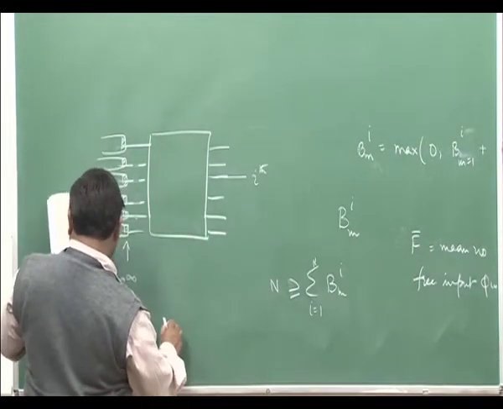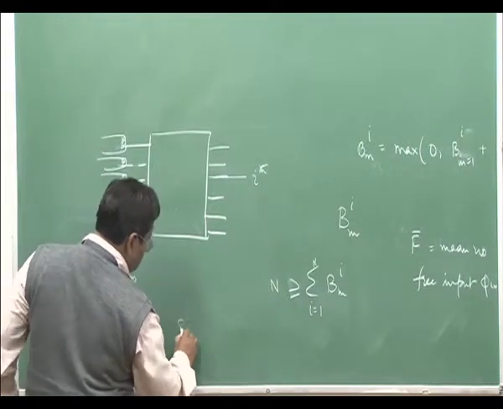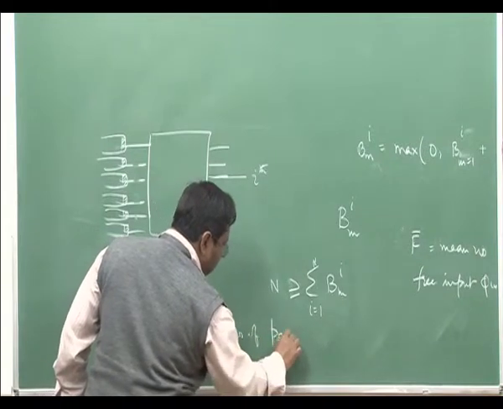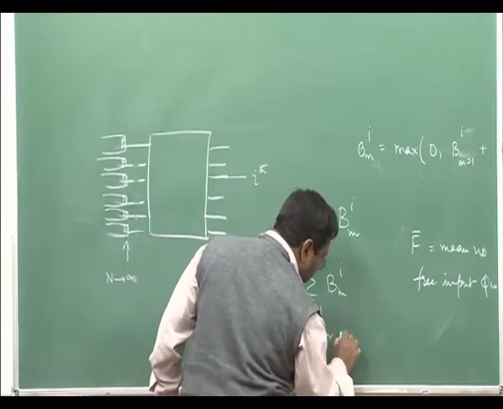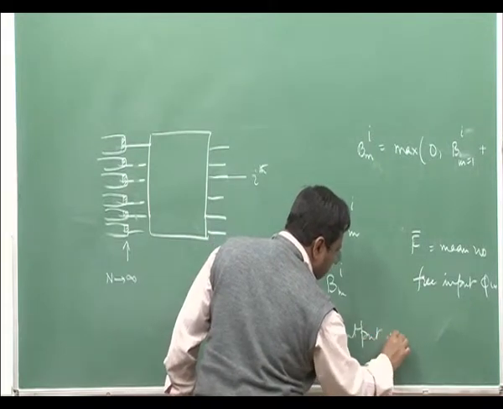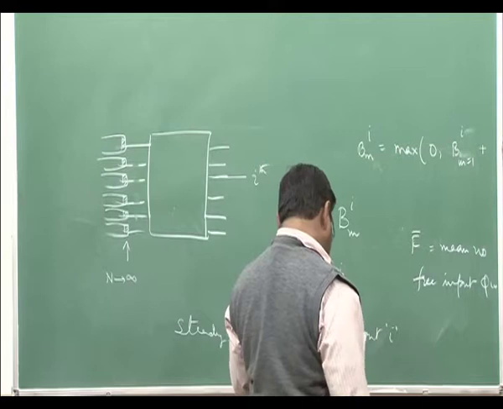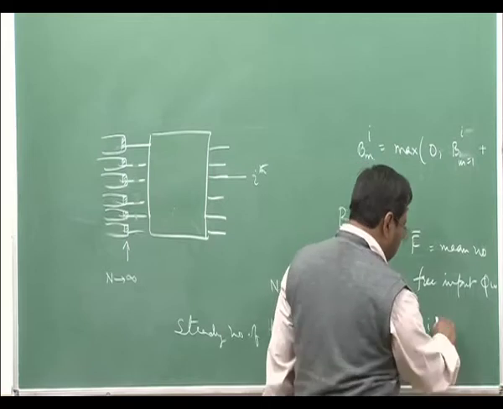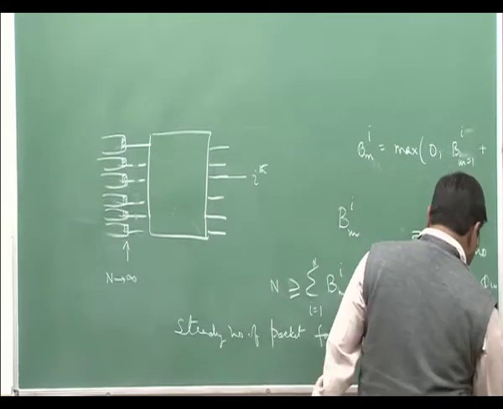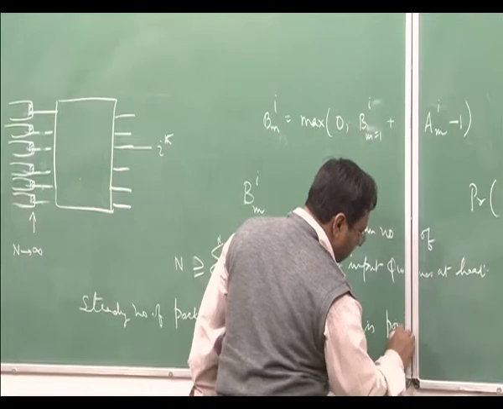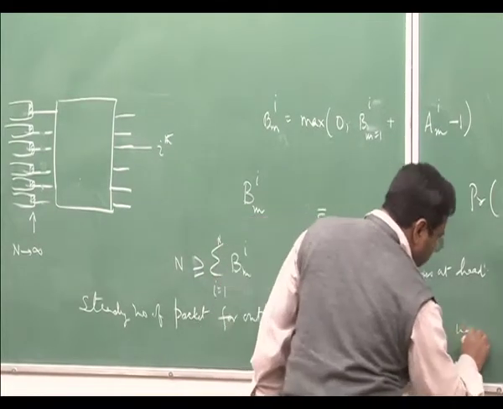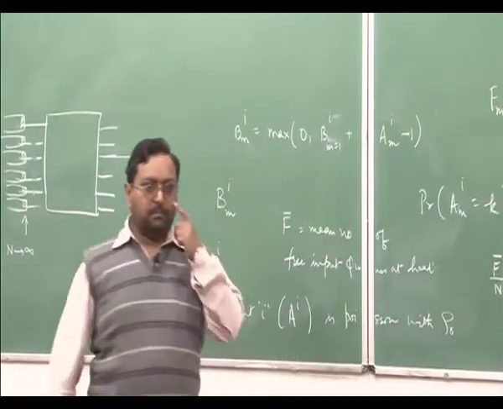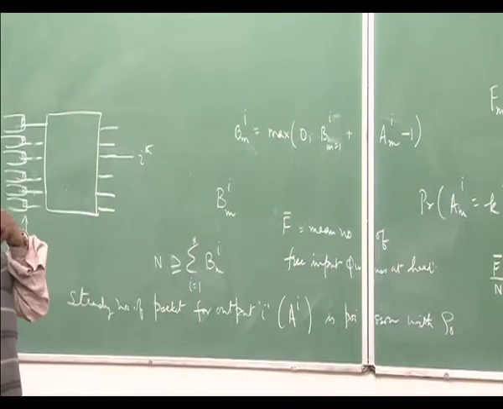So I should call it the steady number of packets for output I, which is AI. I am not writing M because it is a steady state number. This is Poisson with parameter rho naught. Rho naught is the output line utilization.